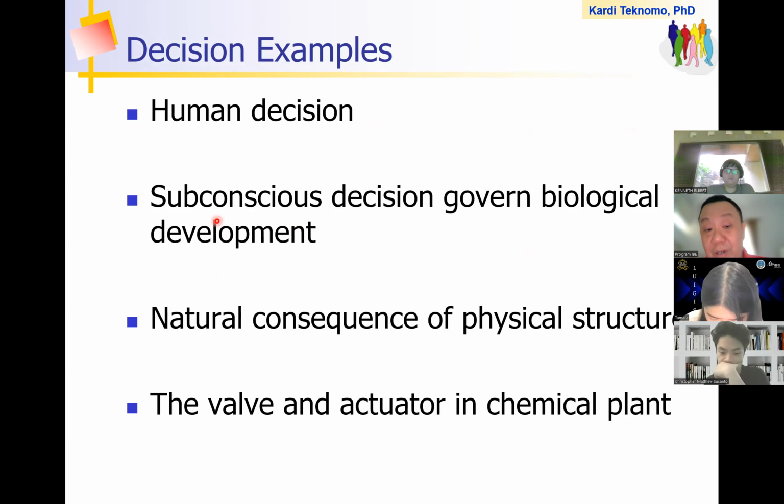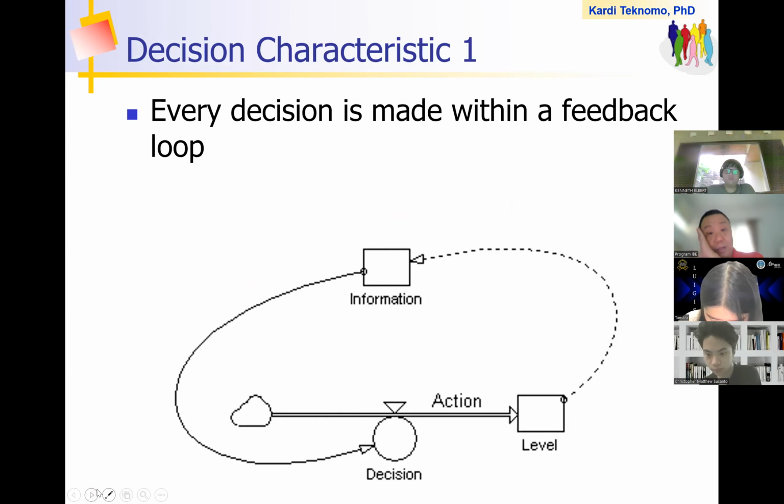It can be a human decision, but it can also be the action of a valve, for example, in a chemical plant, the natural consequence of the physical structure, or probably a subconscious decision in a biological system. These are also decisions.